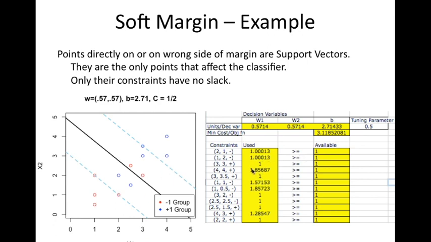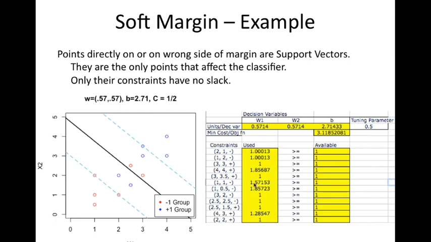Let's find some ones that are not at that point. So 4, 4 plus. That one is all good. It has slack remaining, so you could move that around and it would not affect this optimization problem.